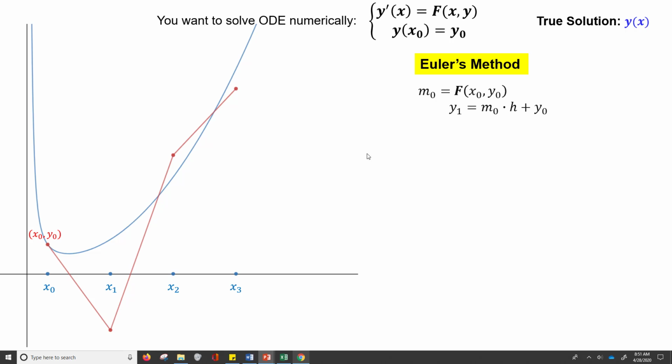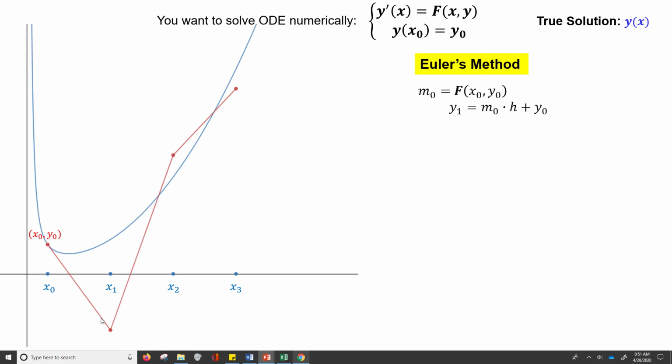In order to find the second point, the first thing you do is draw a slope at x sub naught, y sub naught, or a tangent line at that point, and you find the slope of that tangent line. Well, what's the slope of the tangent line if you don't know anything about the function? Because you have a differential equation, you do know the slope of the function at point x, y.